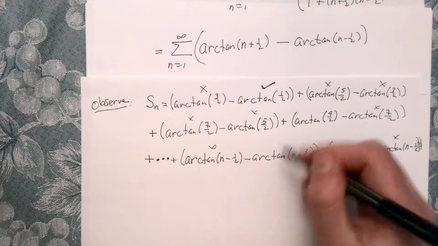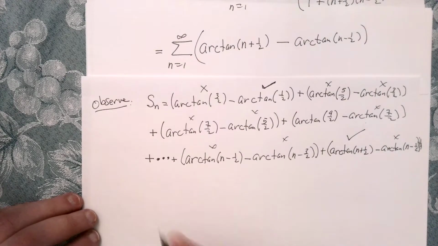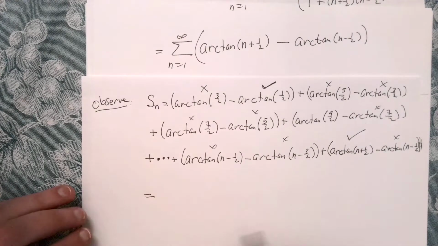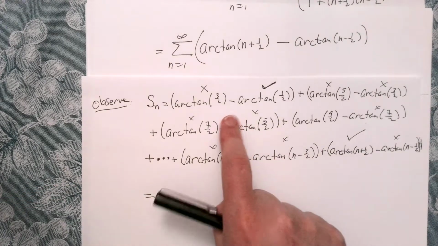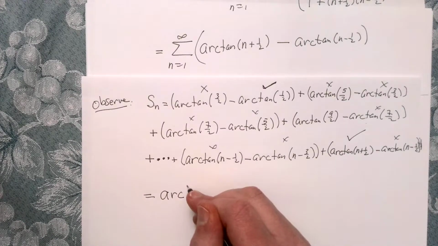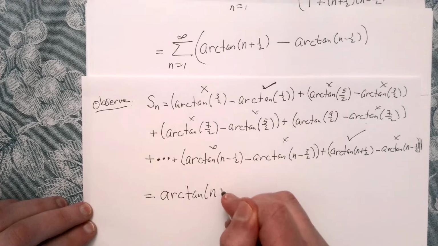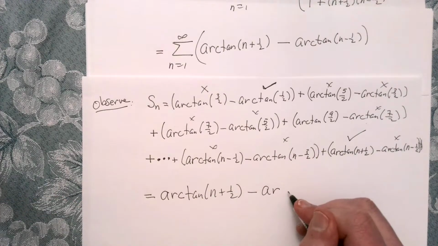This would cancel before it somewhere. And so this would stay. So it looks like S sub n collapses down to this. So I'm going to write this as this minus this, just so I don't have a negative on the left. It's fine if you do. It's just a habit. So that's the arctan of n plus a half minus arctan of 1 half.